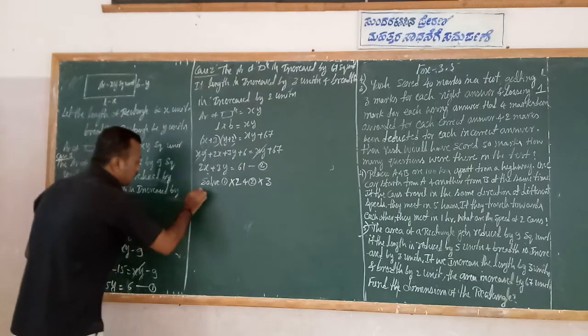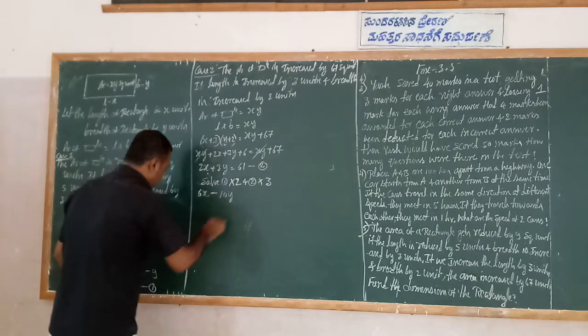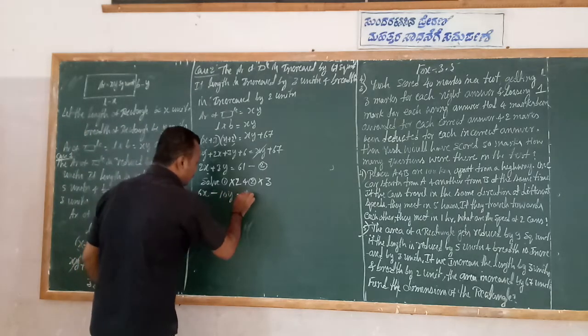First equation multiplied by 2: 2 times 3 is 6x, minus 2 fives are 10y, is equal to 2 sixes are 12.